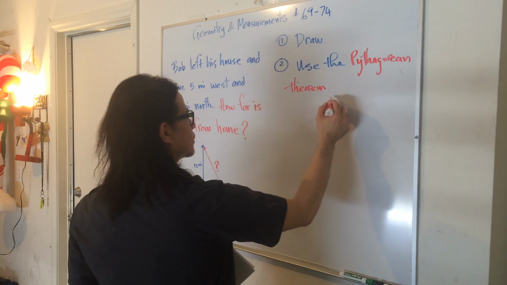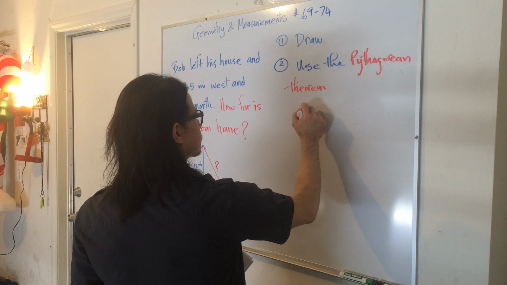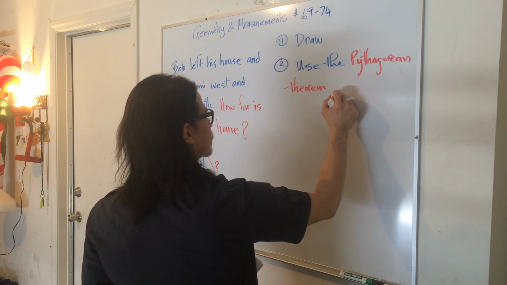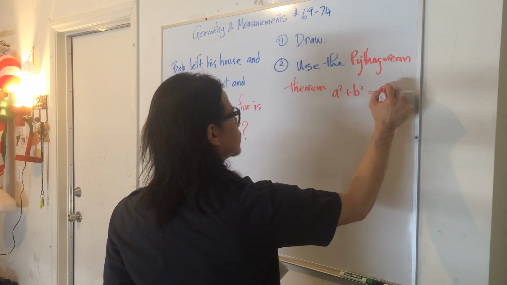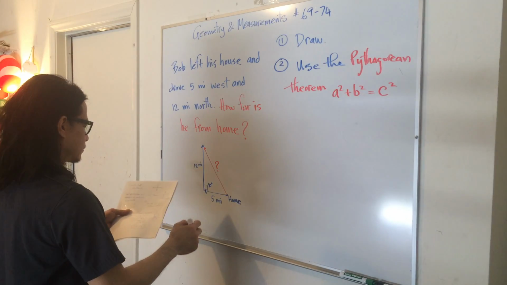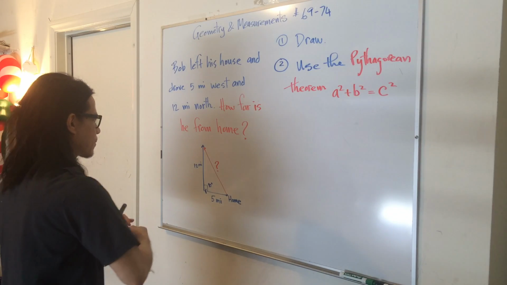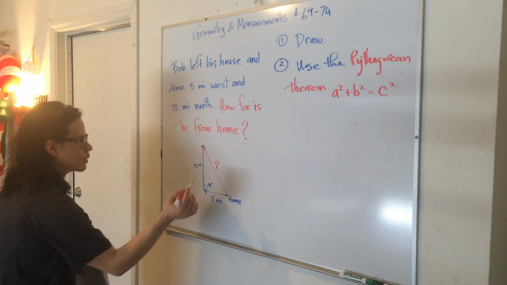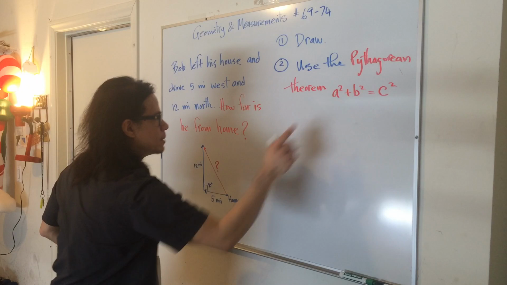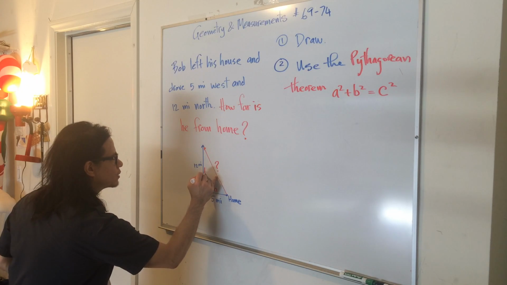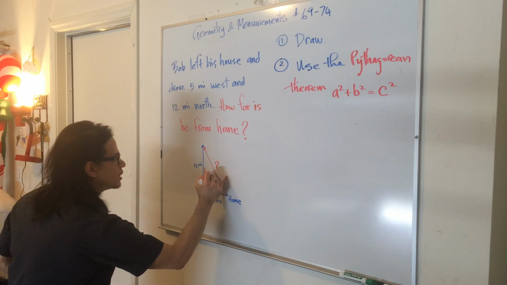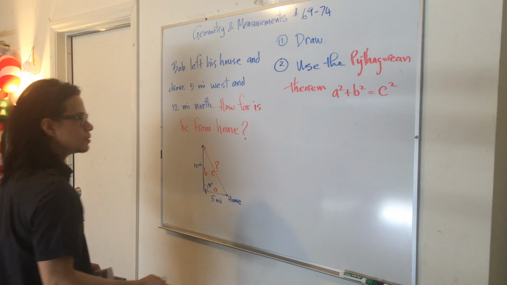Which states that a squared plus b squared is equal to c squared. Okay, so let's indicate what a, b, and c are. So a and b are the two legs, and then c is the hypotenuse.